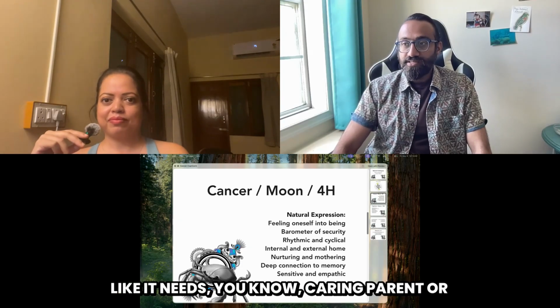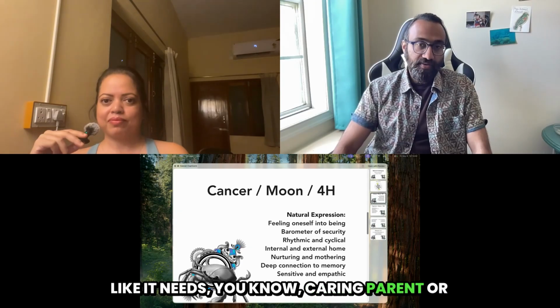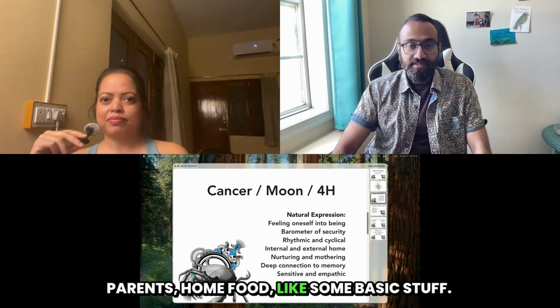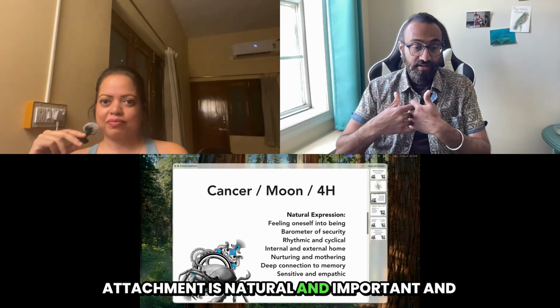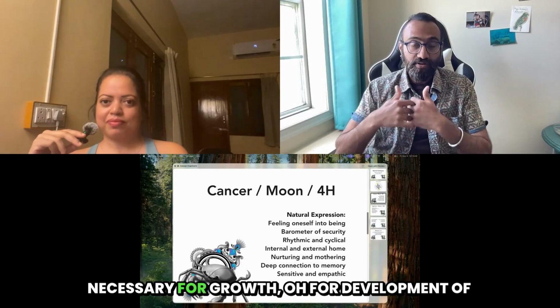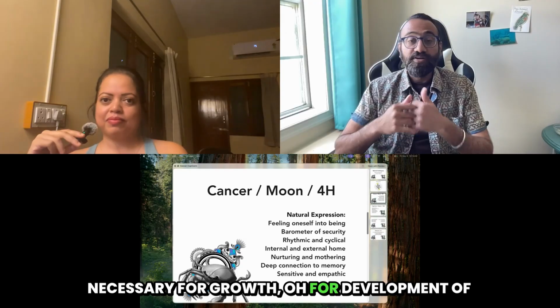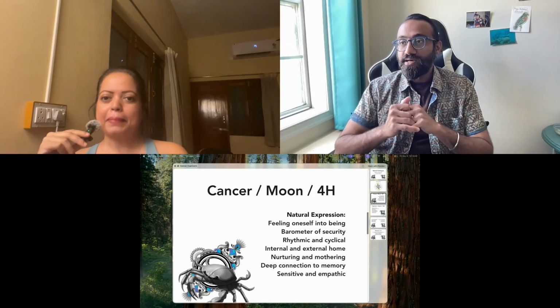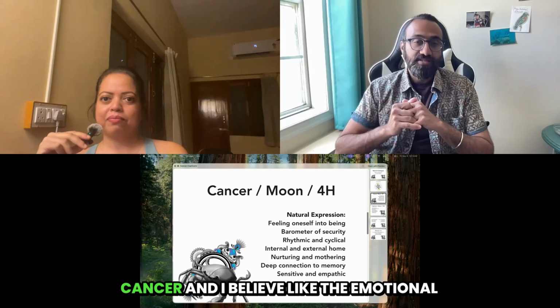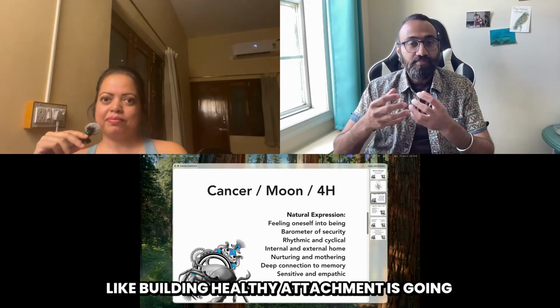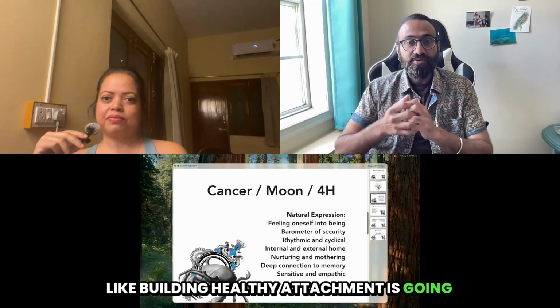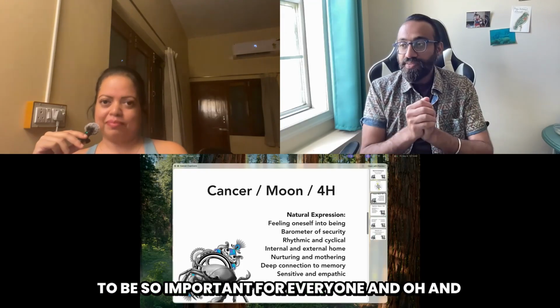It needs a caring parent or parents, home, food, some basic stuff. Attachment is natural and important and necessary for the growth and development of the child. And the emotional body here represents that, which is why building healthy attachment is going to be so important for everyone.